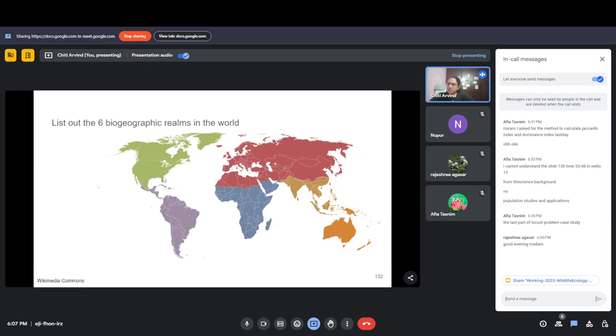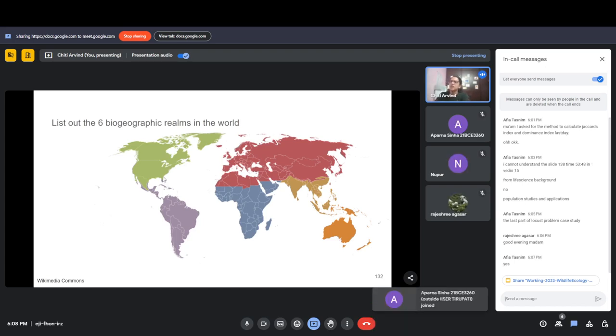Or any of the zones that you know, please feel free to unmute or talk about what it is. No idea. These are biogeographic realms. I'm sure a lot of you have heard about it or studied about it at some point of time. Yes, sure. Just name any ones that you know.